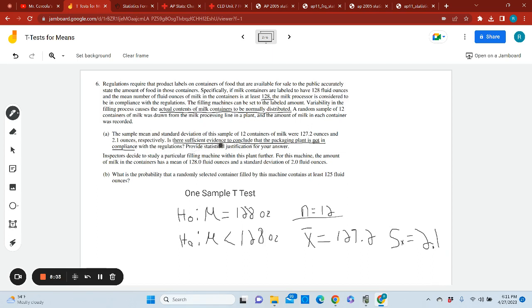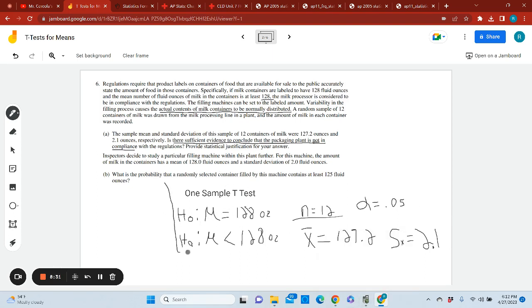It just says, is there sufficient statistical evidence? Is there sufficient evidence to conclude? All right, so they don't give us a significance level to run the test at, right? When they don't give you a significance level, the default is always going to be 5%.